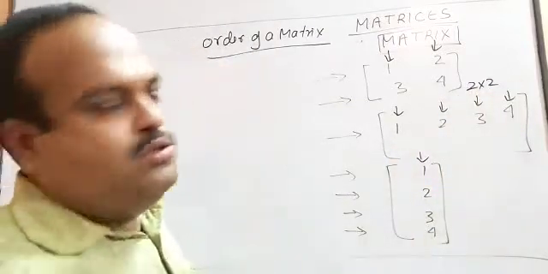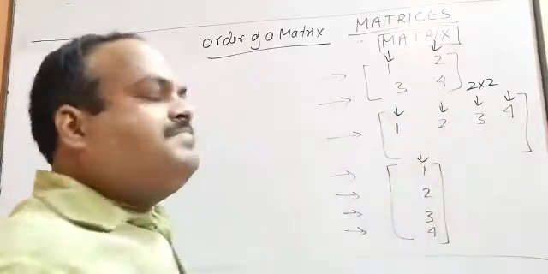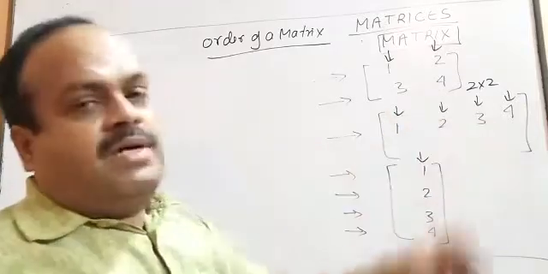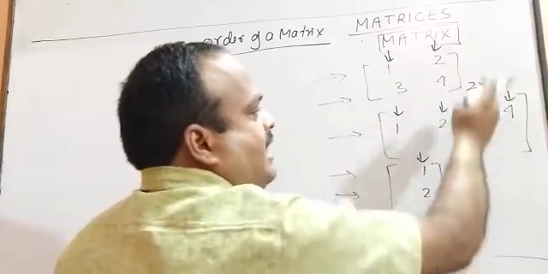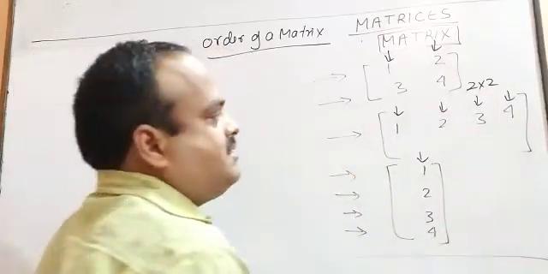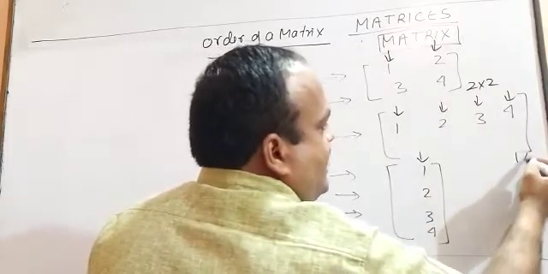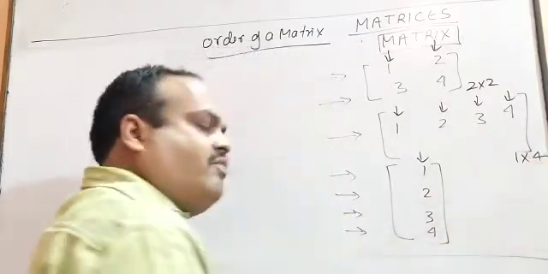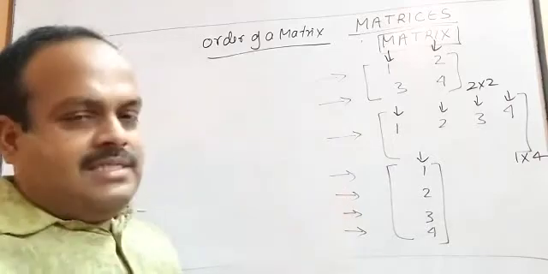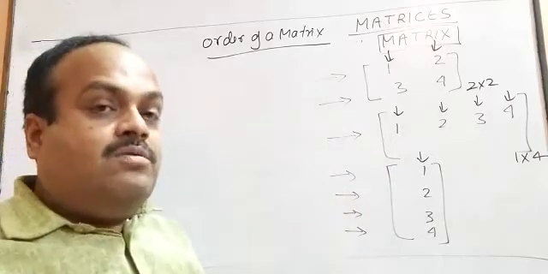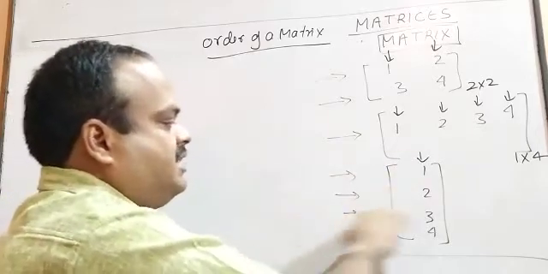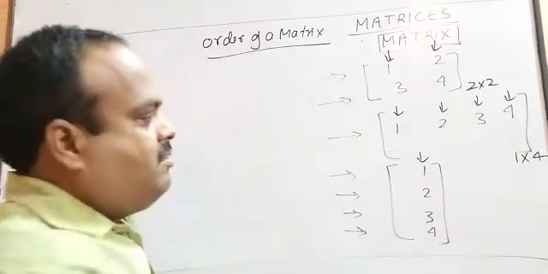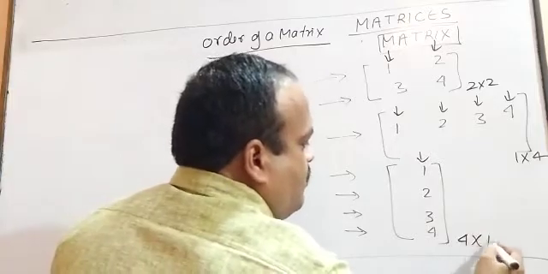2 rows, 2 columns. Come to this. In this arrangement, which is a matrix, we have 1 row and 4 columns. So we will write 1 by 4. Come to this. We first count the number of rows. 1, 2, 3, 4. 4 by 1.